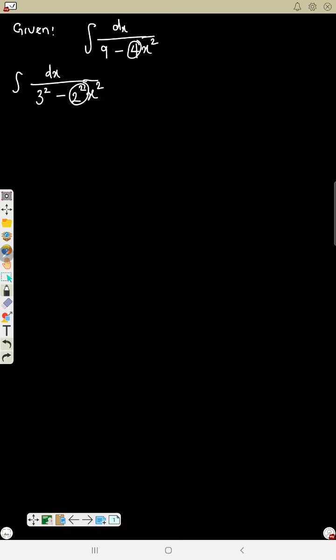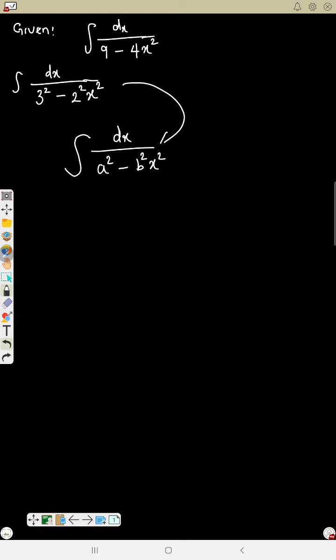So any integral of this form, I wrote as the integral of dx divided by a squared minus b squared x squared.